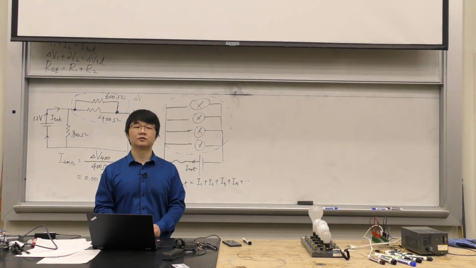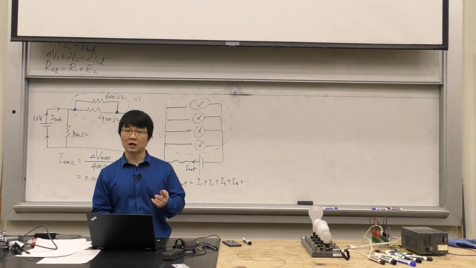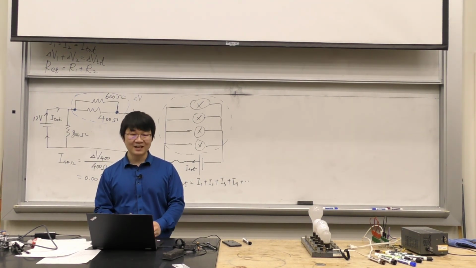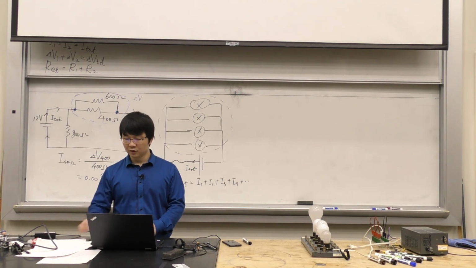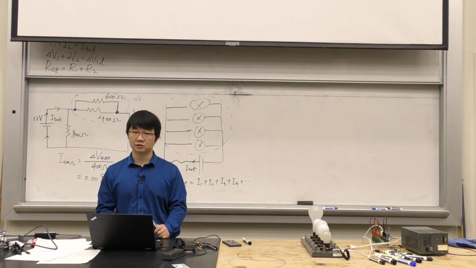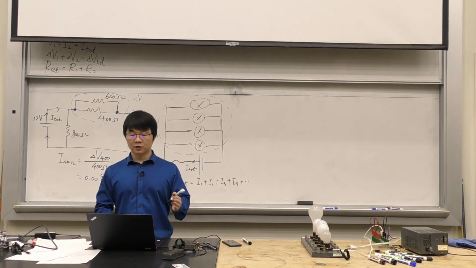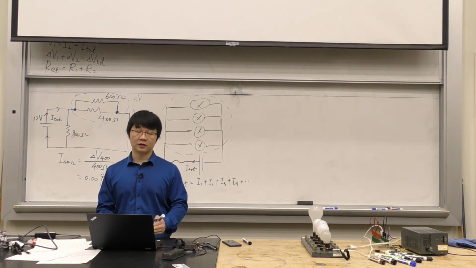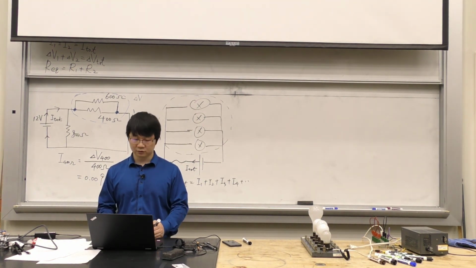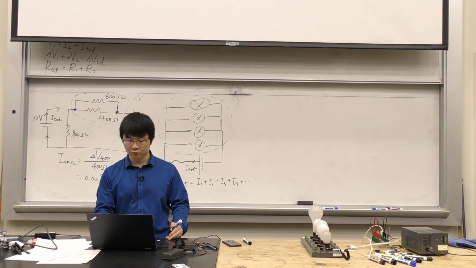How do you replace these two batteries with one? We never learned how to do that. But in real life, a circuit may have more than one voltage source. Using Kirchhoff's rules, you can also analyze a circuit with more than one voltage source. So they're very, very powerful rules.